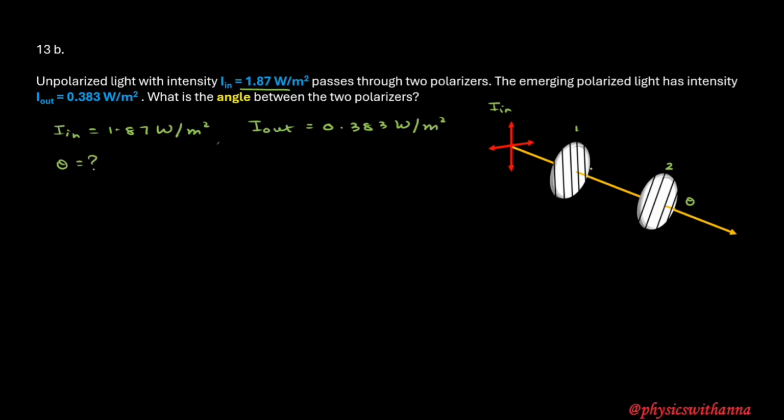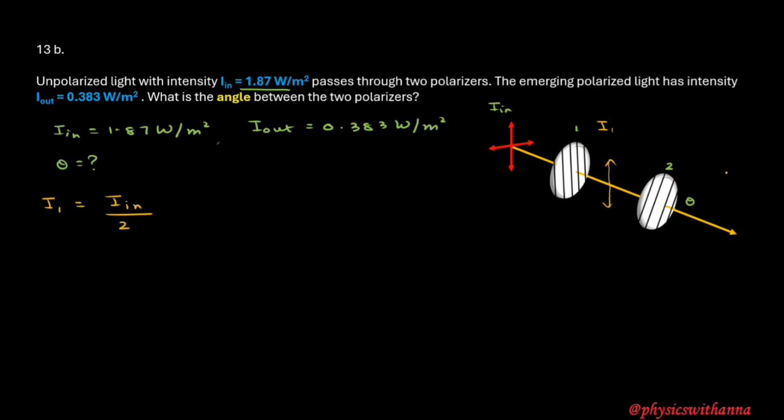Again, we assume polarizer 1 to be vertically aligned and the pass axis of polarizer 2 making an angle theta with the vertical. So when an unpolarized light passes through polarizer 1, only vertically aligned vibrations are passed through, and all of the horizontal vibrations are blocked. So the intensity of light I1 coming out of polarizer 1 has to be half of the original intensity.